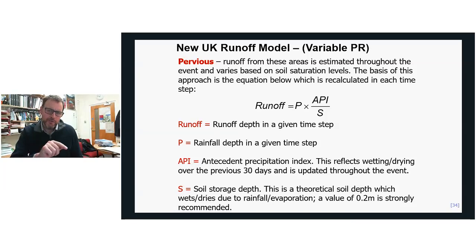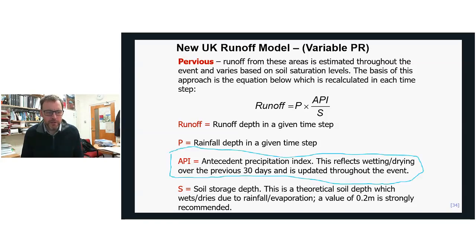The idea is that for each time step in your model, so if your model is recalculating the flows in your pipe network every minute or every 5 minutes or so, it recalculates what the runoff coefficient would be. That's based on this parameter here called API, the antecedent precipitation index, which reflects the wetting and drying over the past 30 days and is updated throughout the model.